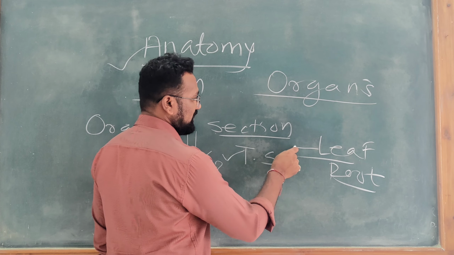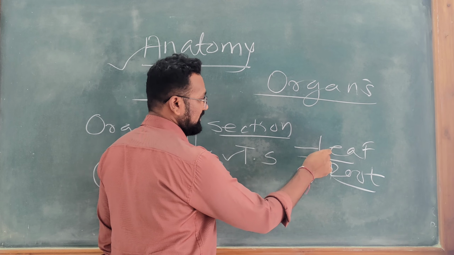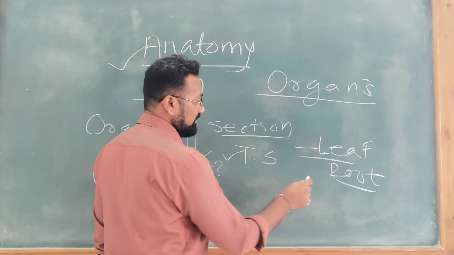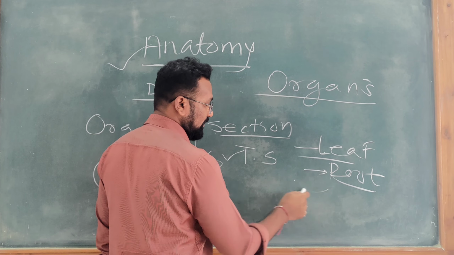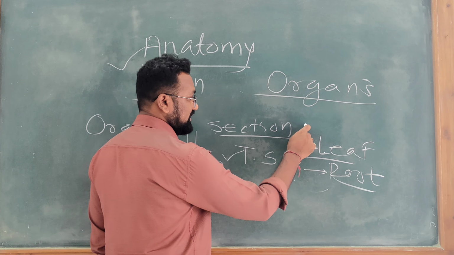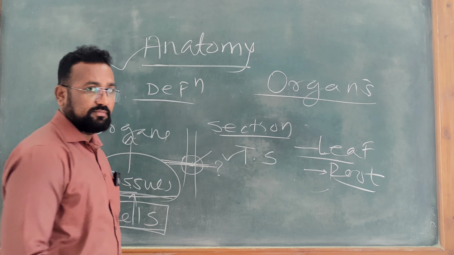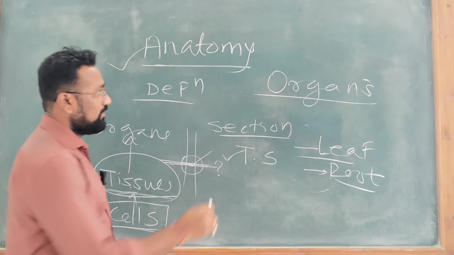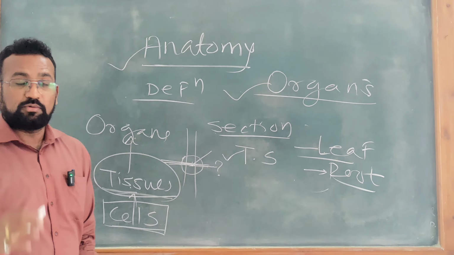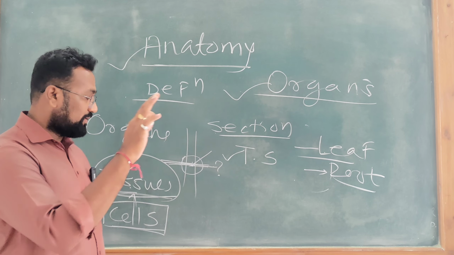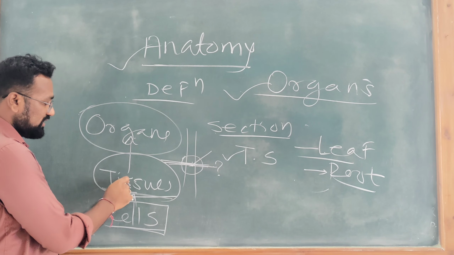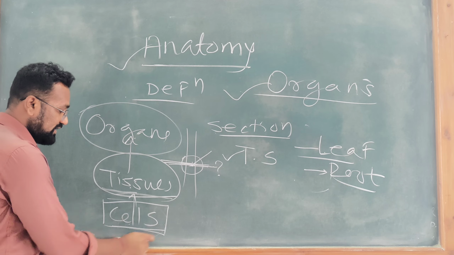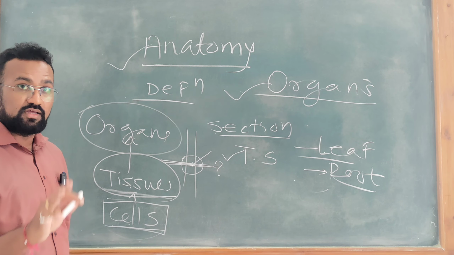The leaf is an organ, and the cells in the leaf are different from the cells of the root. Cells inside the root have a different function, and cells inside the leaf have a different function. According to the function of the organ, those types of cells are present in that organ. So organs are made up of tissues, and tissues are made up of cells, but these cells differ from organ to organ.